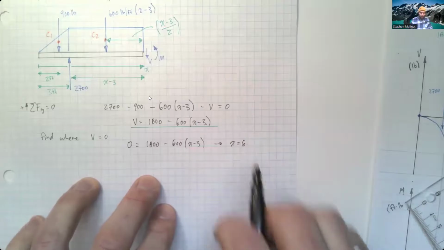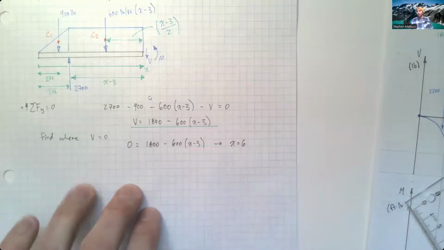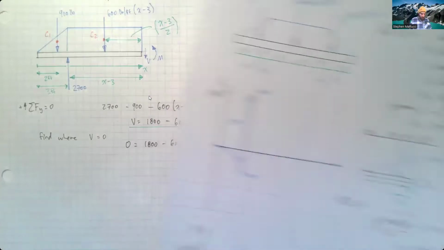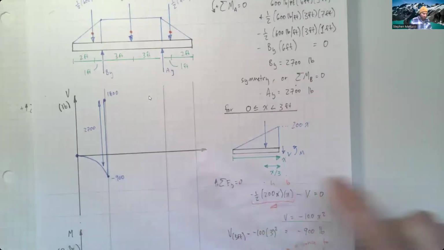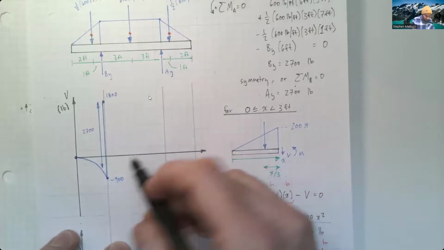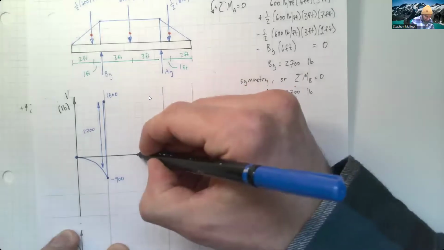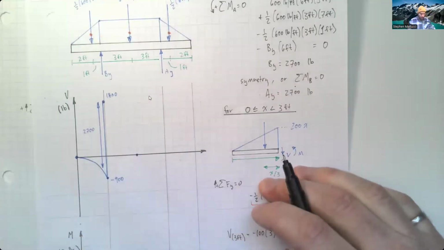This is going to be at x equals 6. And so x equals 6 is going to be right in the midpoint of this beam. We've got 3 on this side, this is at 9, so 6 is going to be right here.